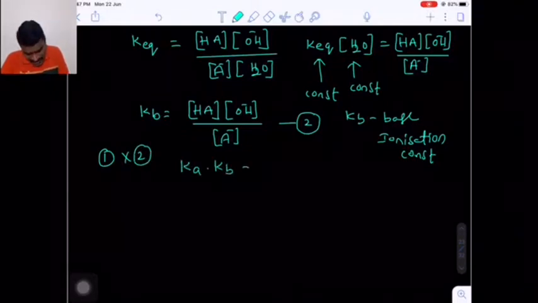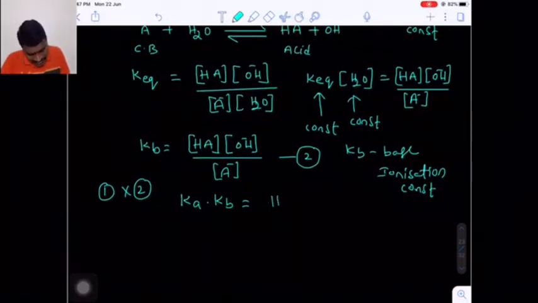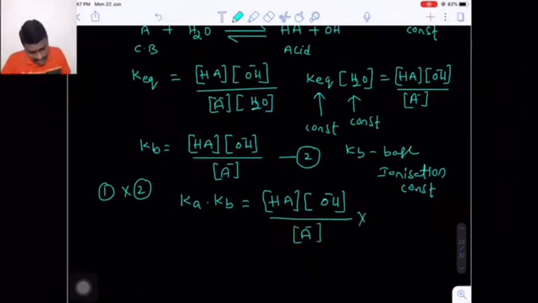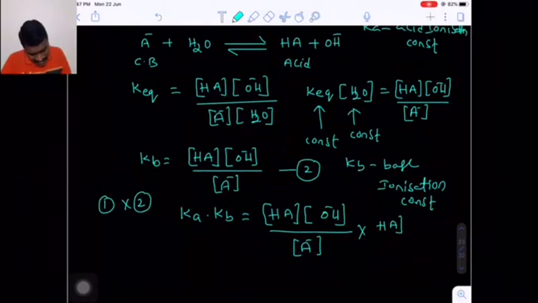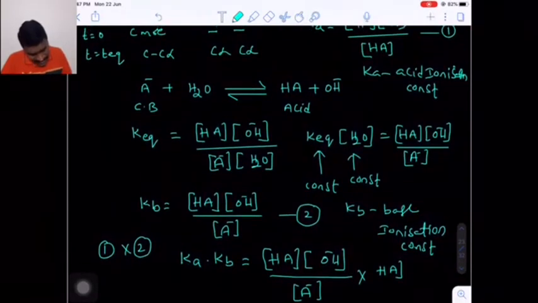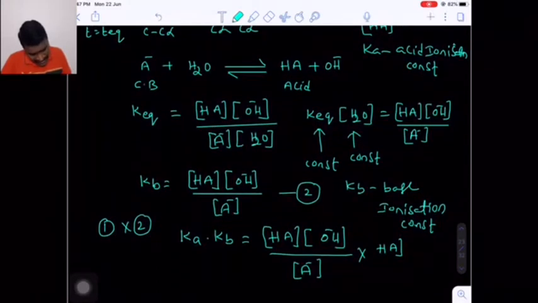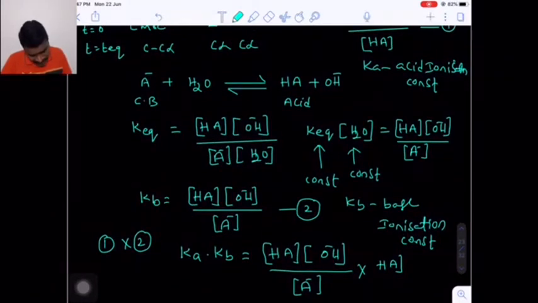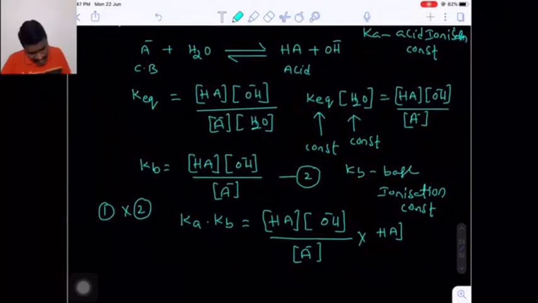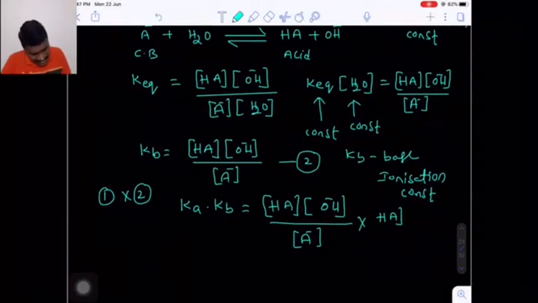Ka, and equation 2 will be Kb. Ka into Kb will be equal to, what is the equation 1 right side? HA concentration into OH minus ion concentration by A minus ion concentration, multiplied by equation 2, HA concentration into OH minus concentration by A minus concentration. Okay.